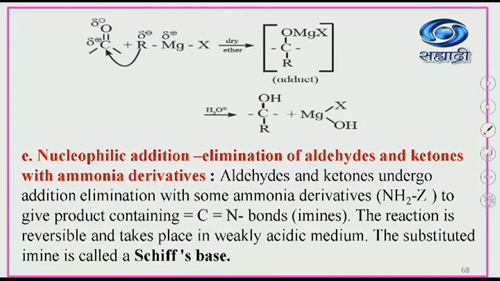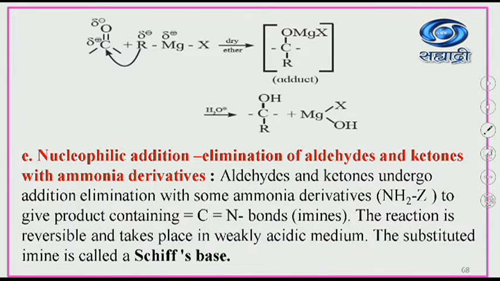For this purpose, we will take one example. We will take acetone, CH3 C double bond O CH3, plus methyl magnesium bromide, CH3MgBr.